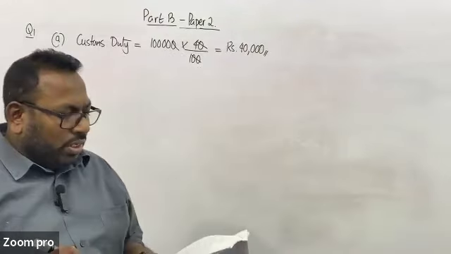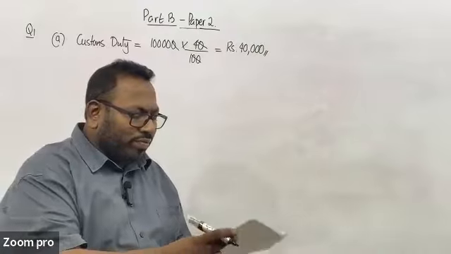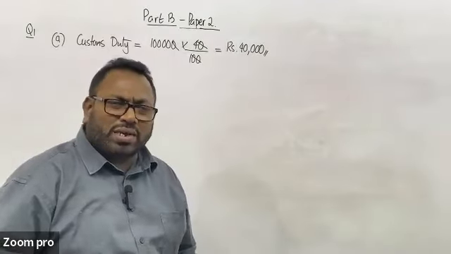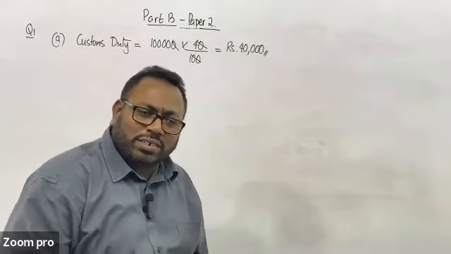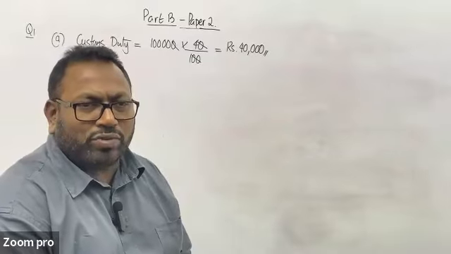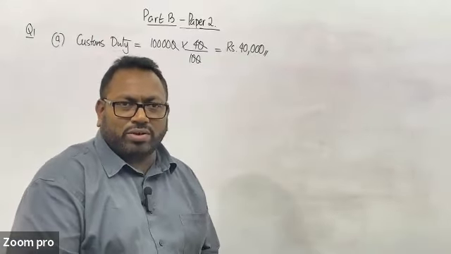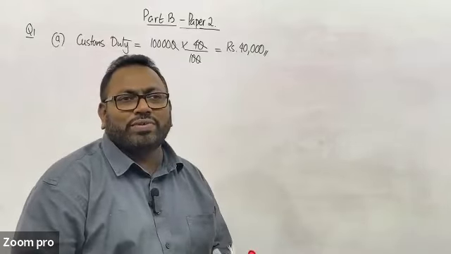Then the second question, they're asking, what is the value of the TV set after paying the customs duty? So once you pay the customs duty, the customs duty also becomes a cost for you. So you have to add that to the TV cost in order to calculate the value of the TV set now.